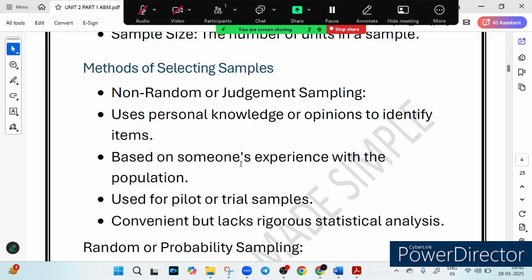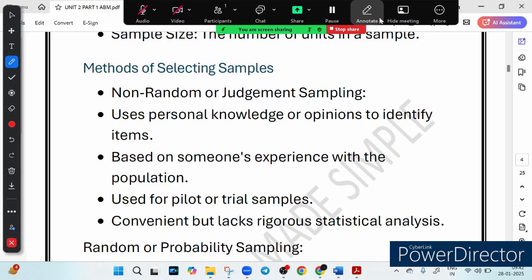It is based on someone's experience with the population. It is used for a pilot or trial sample. It is convenient but lacks rigorous statistical analysis. We can also call it judgment sampling, because it is based on your personal experience with the population.